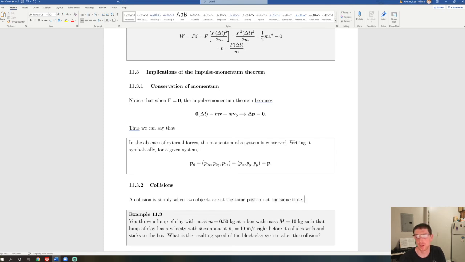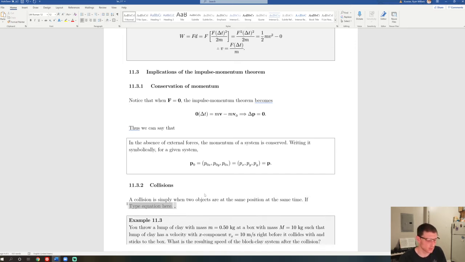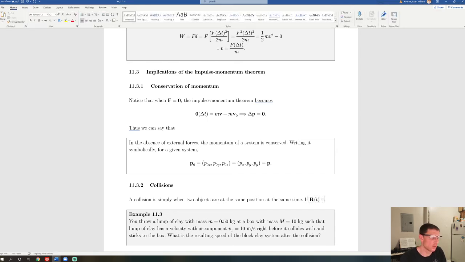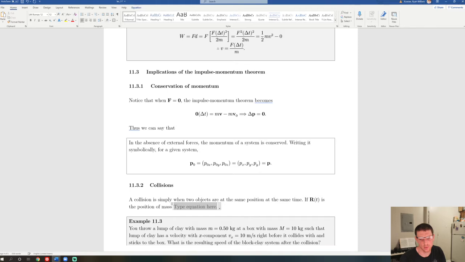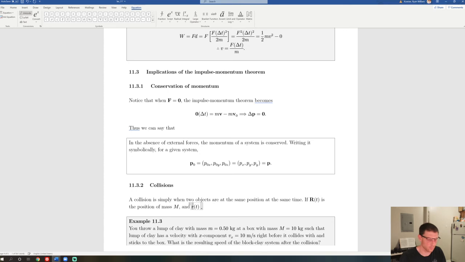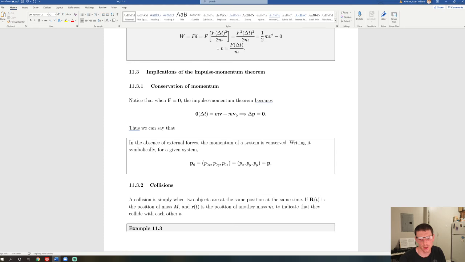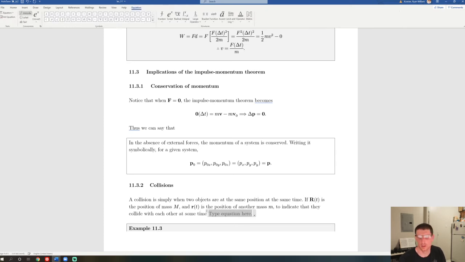at the same time. And so symbolically, if, let's say, R of t is the position of mass big M, and little r of t is the position of another mass, little m, to indicate that they collide with each other at some specific time, I'll call it t star, I suppose.